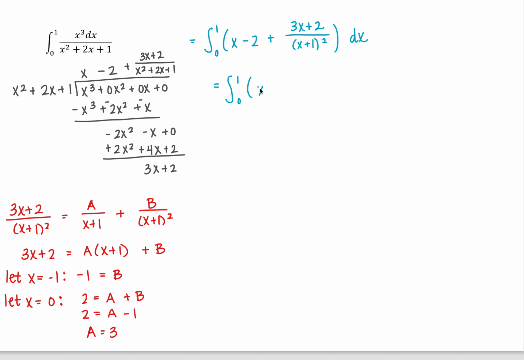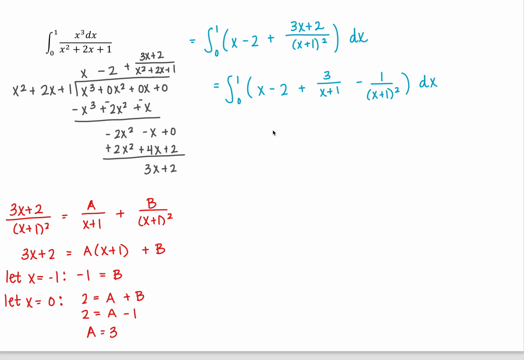So I've got x minus 2 plus 3, that's A, over x plus 1, minus 1, there's my B, the negative 1, over x plus 1 squared, dx.